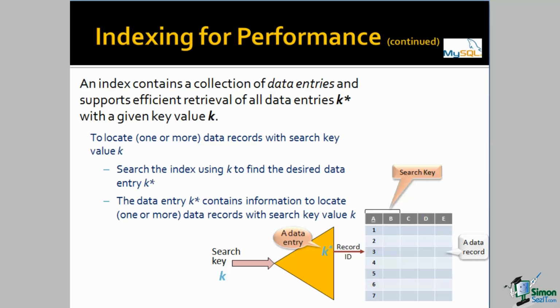And this is all based on the record ID or the row ID or the RID, however you'd like to refer to that piece of data that's carried with the index key value that refers back to the data table row associated with that key value.